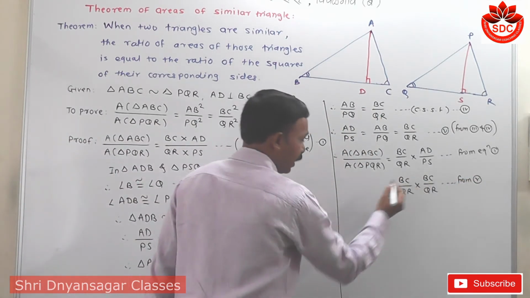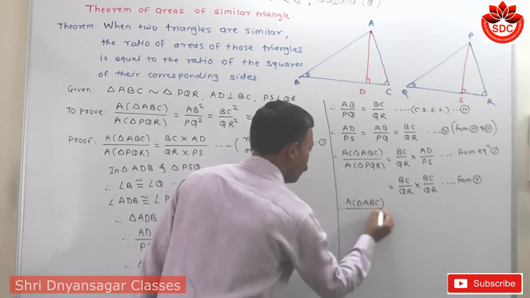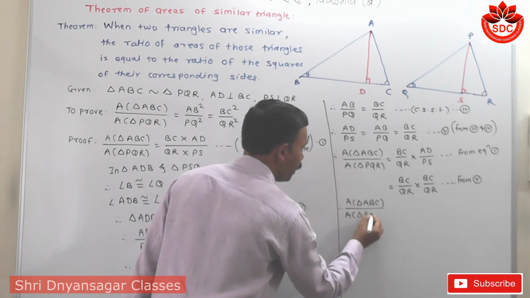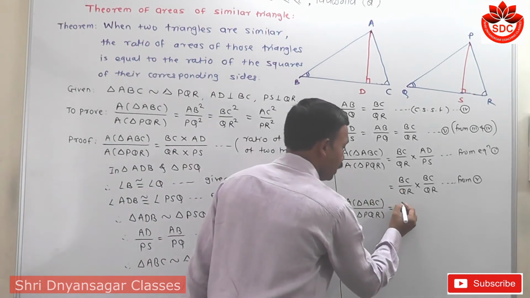Then when we take its product, we get area of triangle ABC upon area of triangle PQR is equal to BC into BC, which is BC square.